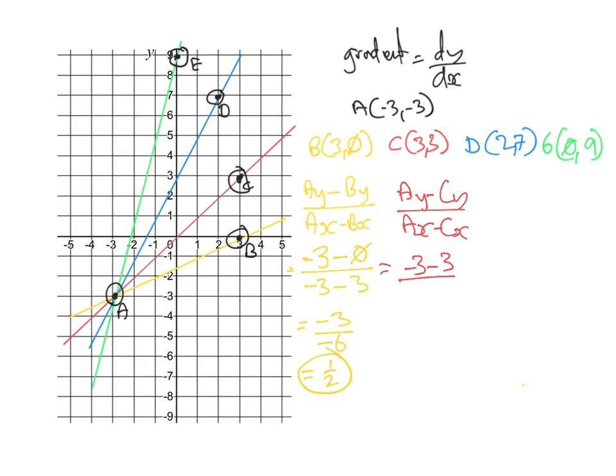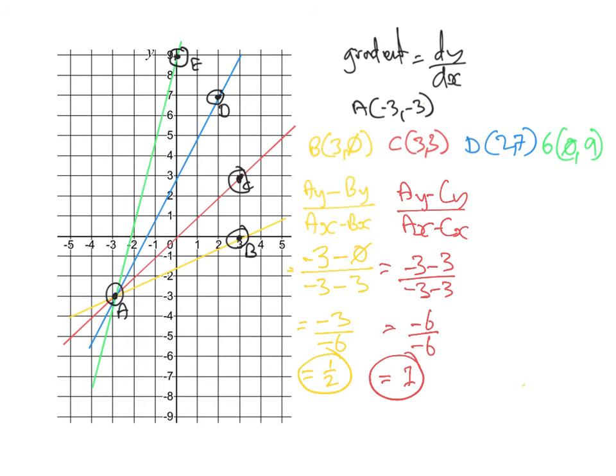The x component of A is negative 3, take away the x component of C, which is 3. So that gives us negative 6 over negative 6, which gives us a gradient of 1. And so we can see that the gradient of the red line is greater, because it's 1, than the gradient of the yellow line, which is a half. So the bigger the number, the steeper the gradient, as we've said.